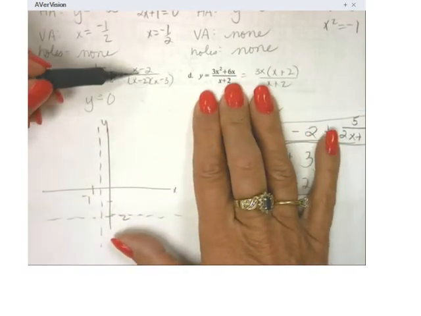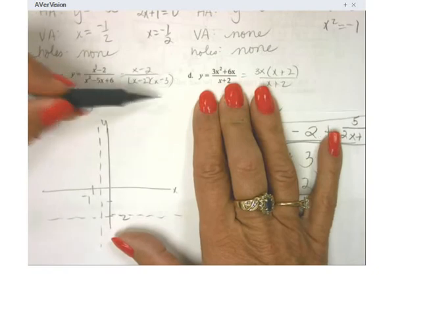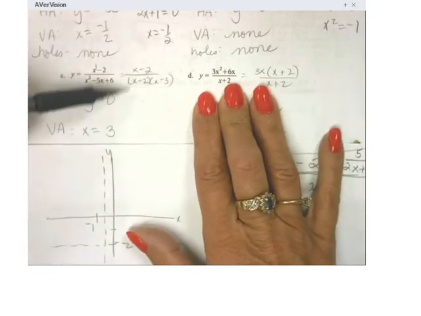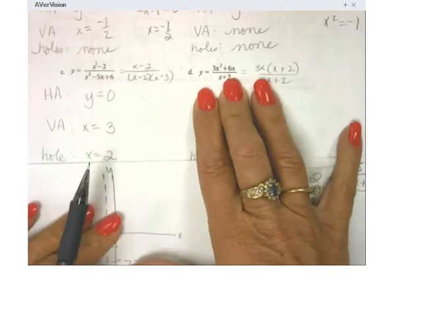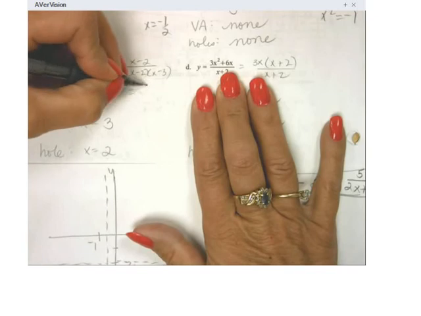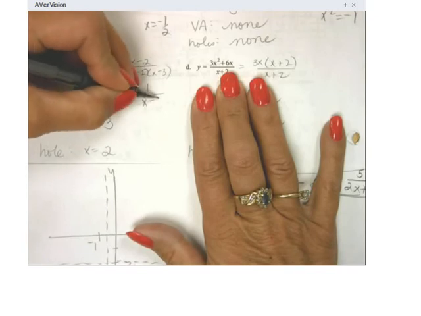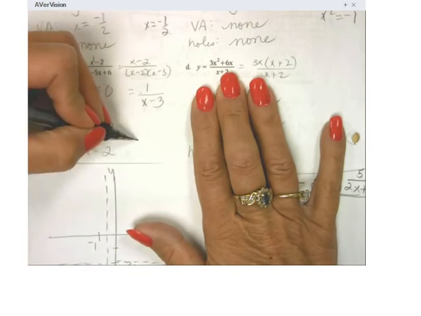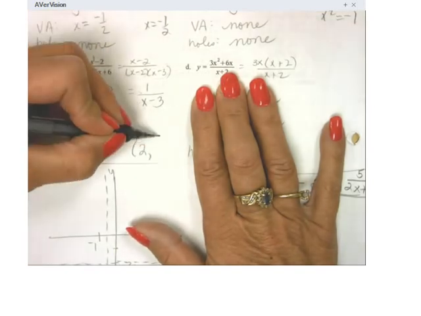Also notice that the exponent in the top, or the degree of the numerator, is smaller than the degree of the denominator. Therefore, the denominator is going to get bigger faster, so I'm going to have a horizontal asymptote at y equals 0. And I'm going to have a vertical asymptote only at x equals 3. There will be a hole at x equals 2.